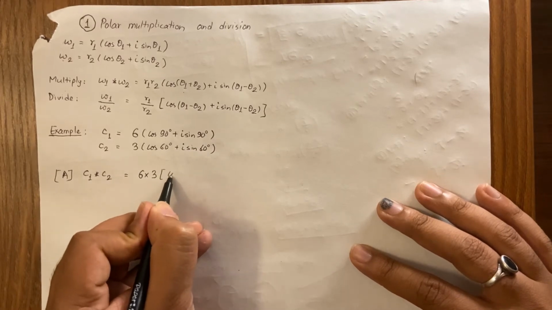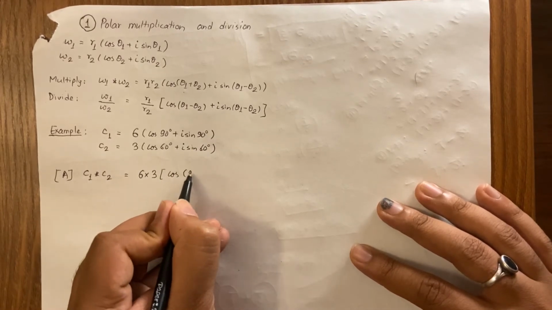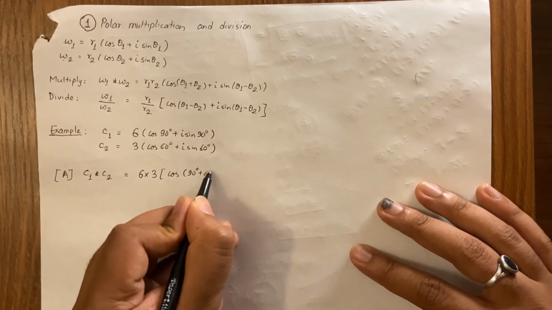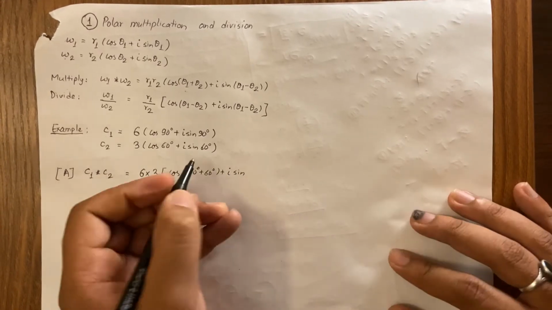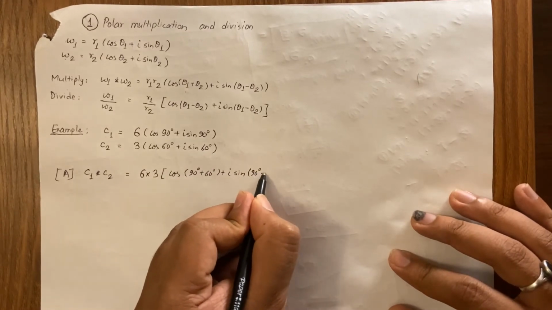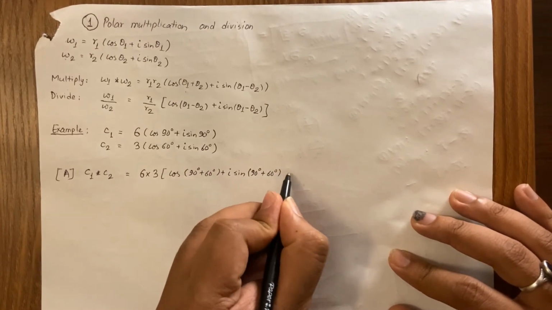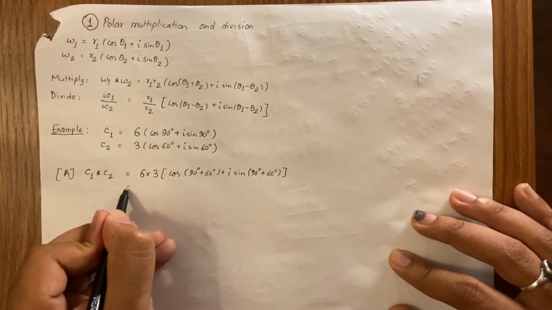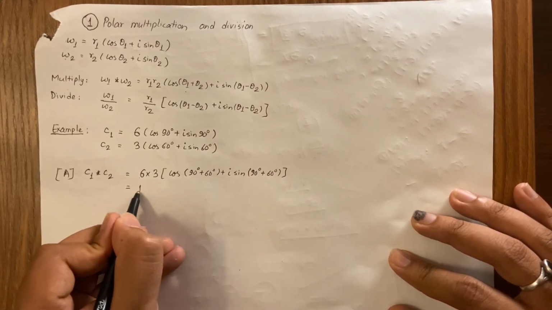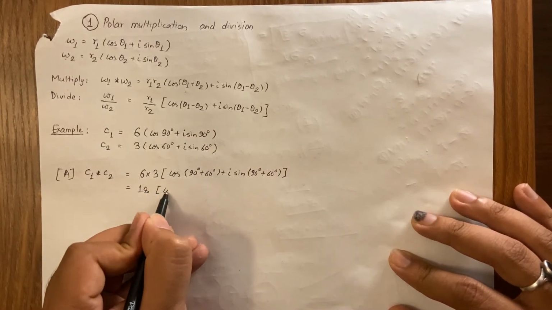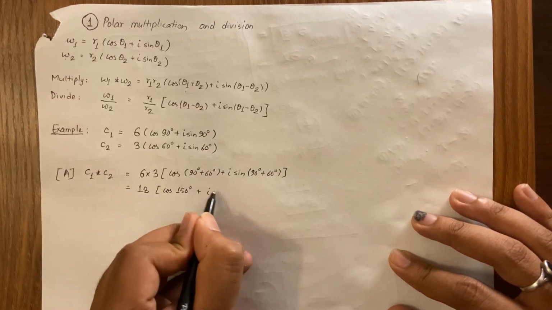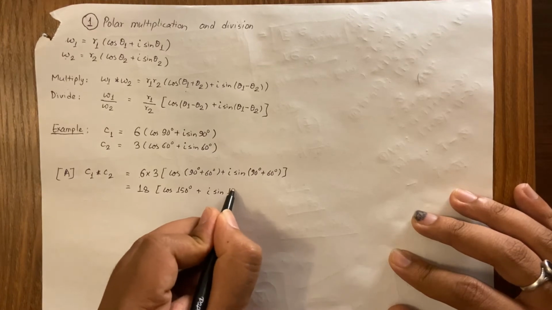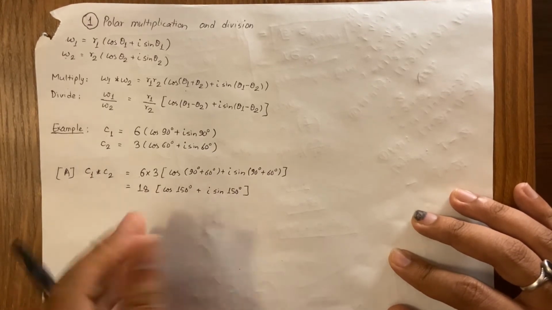Then for the angles, we add them up, so we do 90 plus 60, plus i sine of 90 degrees plus 60 degrees, which gives us 6 times 3, that's 18 cosine of 150 degrees plus i sine of 150 degrees.